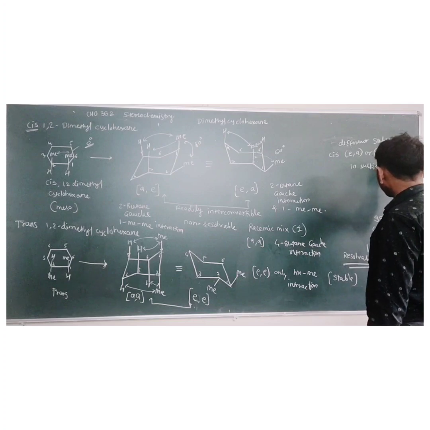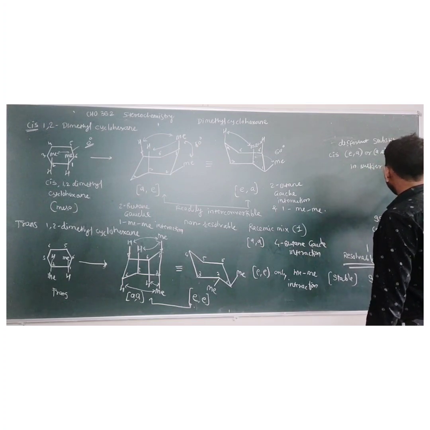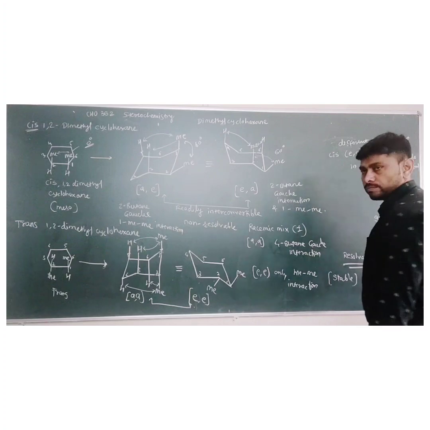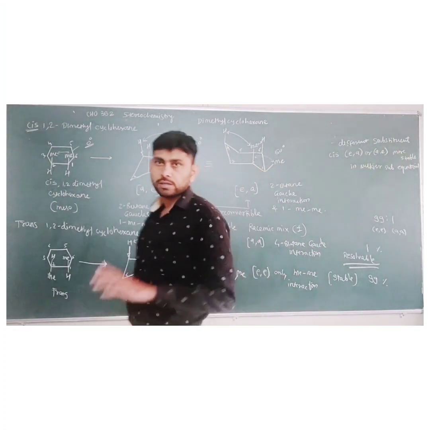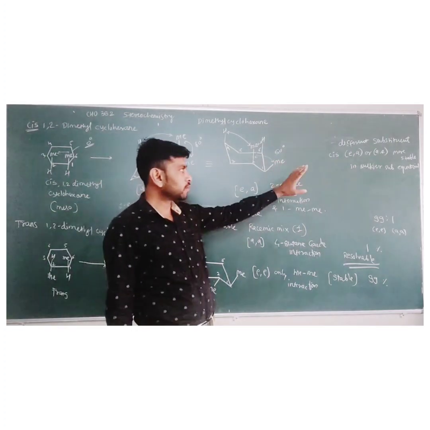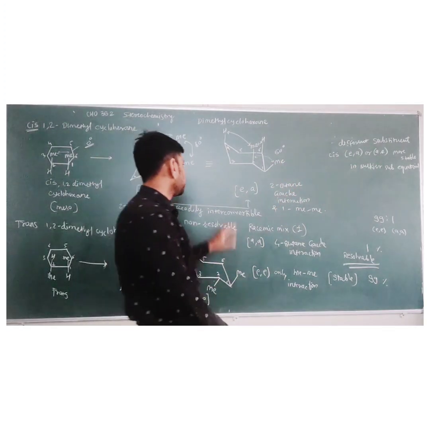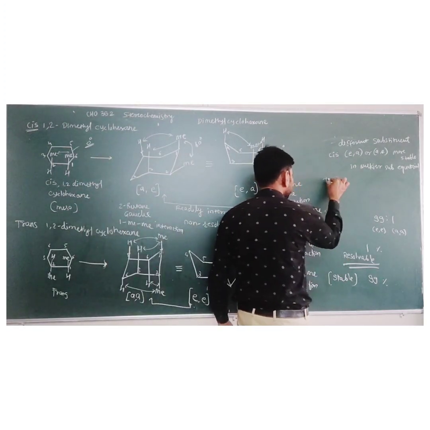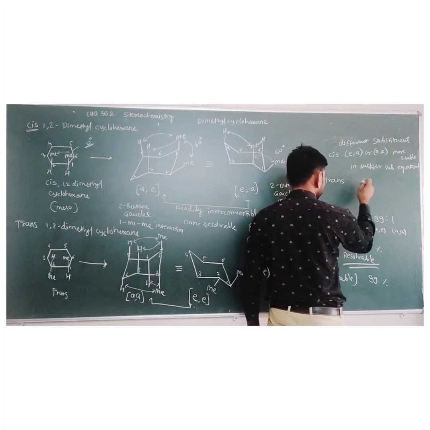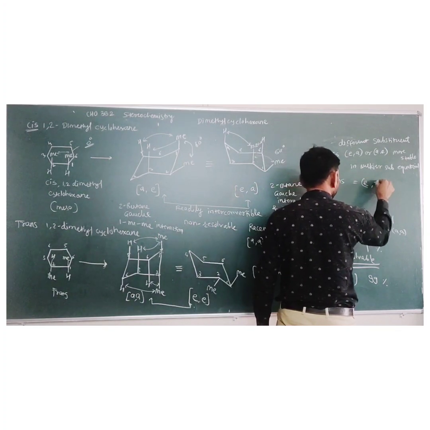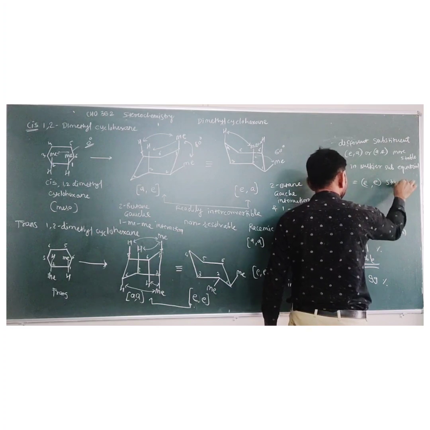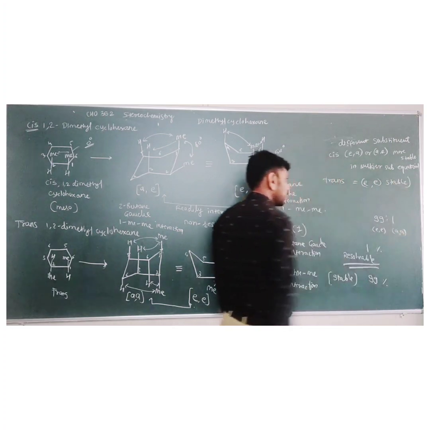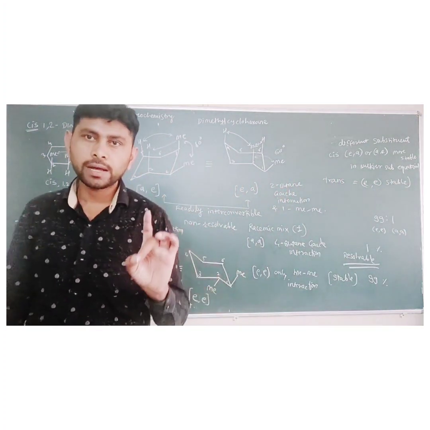So those structures are preferred in equatorial-axial or axial-equatorial form. In the case of trans, the di-equatorial form is stable.